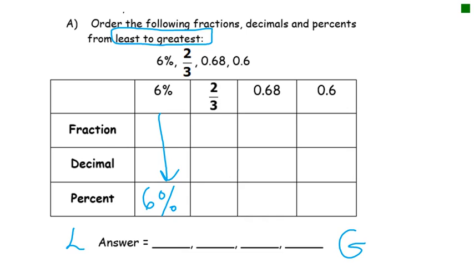So 2/3 is one of those fractions that we said is easiest to just memorize. It's a repeating decimal, and there's only a couple fractions that are thirds, 1/3 or 2/3, so memorizing it is the easiest. So I can rewrite the fraction first of all in this fraction row, but as a decimal, that is 0.6 repeating.